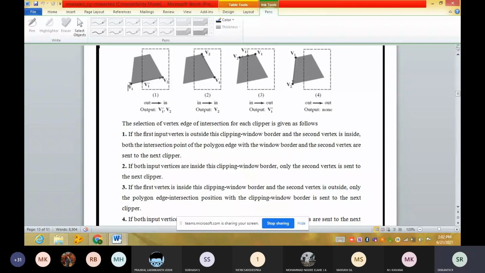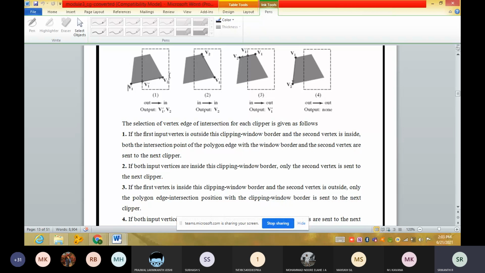If there is a line starting at vertex V1 and ending at V2, we are supposed to take the intersection point as V1 dash, and V2 we retain the same. We save the output as V1 dash, V2.